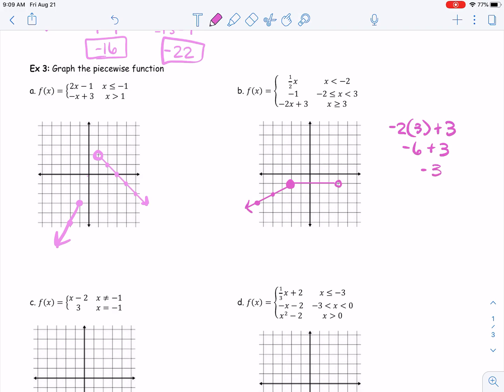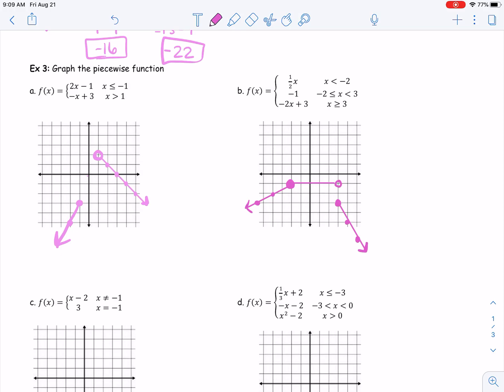So when my x is 3, my y value is -3, and there is a solid dot there. From that point on, I'm going to the right, and I can use that slope of -2. So I go down 2, right 1, down 2, right 1, and piece it together there.